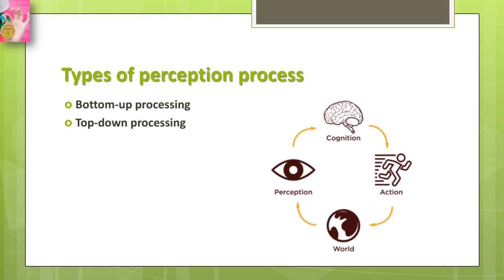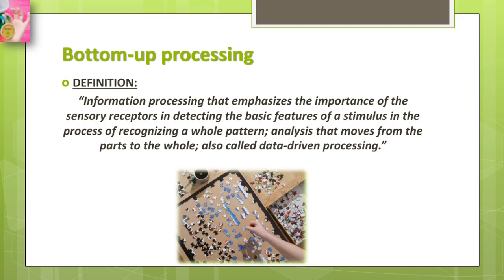So I've included the definition of bottom-up processing. The definition is information processing that emphasizes the importance of the sensory receptors in detecting the basic features of a stimulus in the process of recognizing a whole pattern, analysis that moves from the parts to the whole, also called data-driven processing.